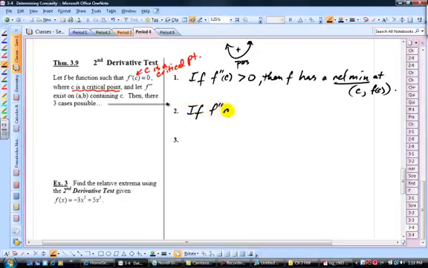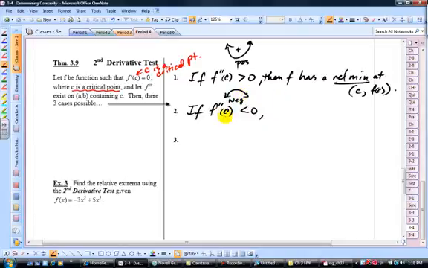Now, case 2: if the second derivative evaluated at your critical point is less than 0, which means it's negative, or concave down, then that becomes like a hill, and hills don't have minimums, they have relative maximums.